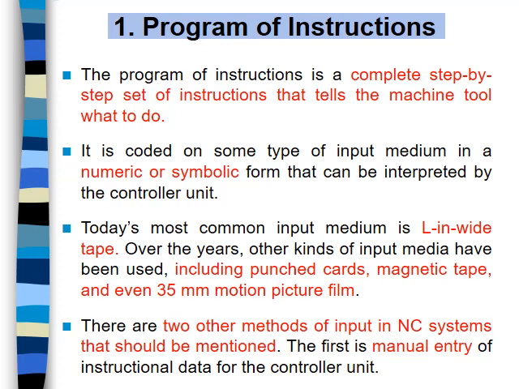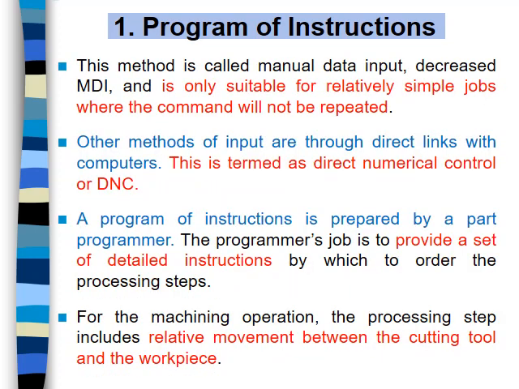There are two other methods of input in NC systems that should be mentioned. The first is manual entry of the instruction data for the controller unit. This method is called manual data input, or MDI, and is suitable only for relatively simple jobs where the command will not be repeated. Other methods of input are through direct links with computers.